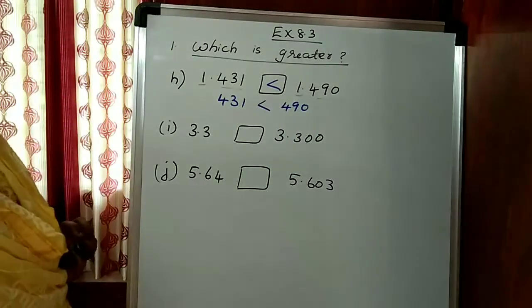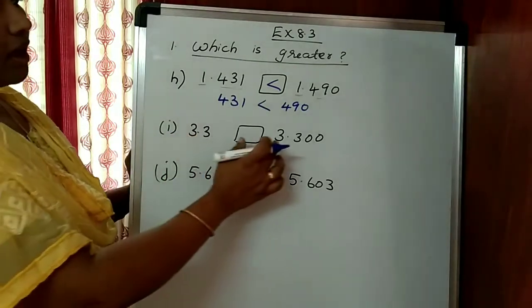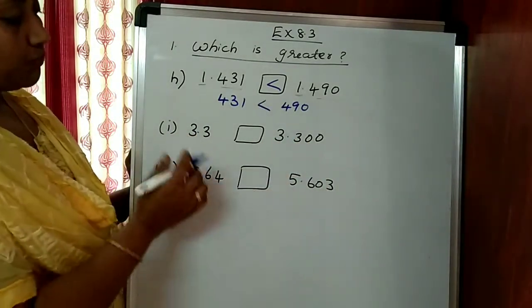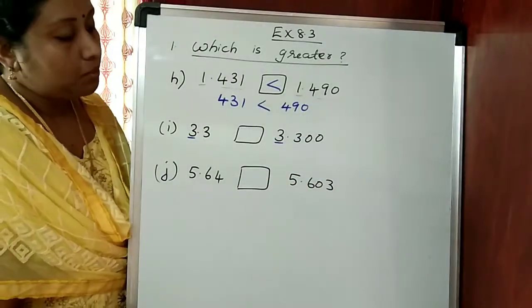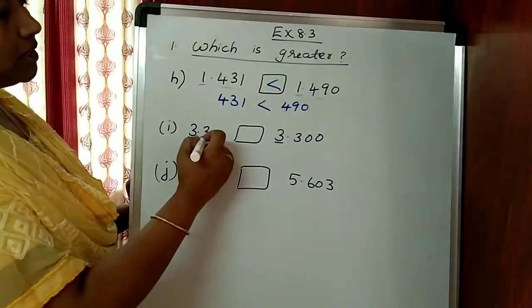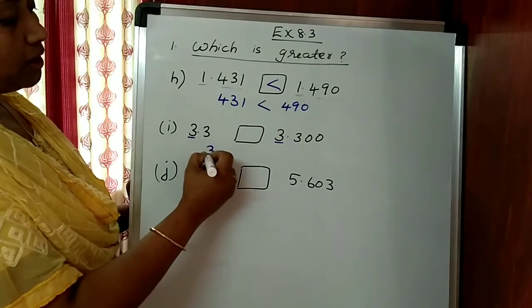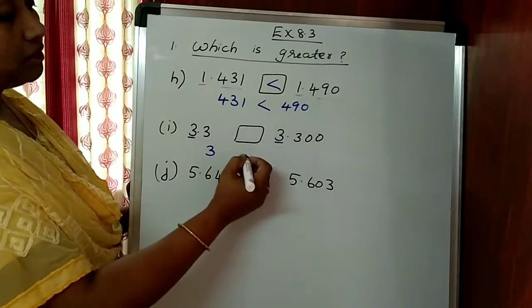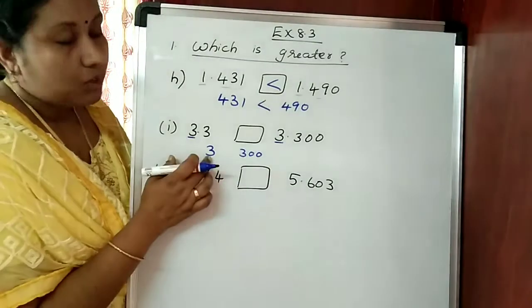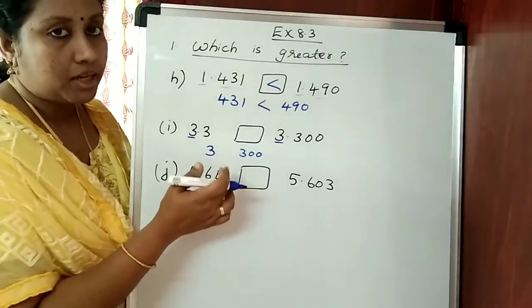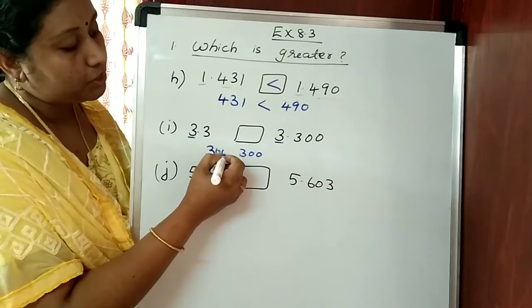Then your question number I, 3.3 and 3.300. Here also first step, whole number part. Both are same. Then decimal part. Here decimal part 3. Here 300. Here is only one digit. Here 3 digits are there. So simply you put 2 zeros.